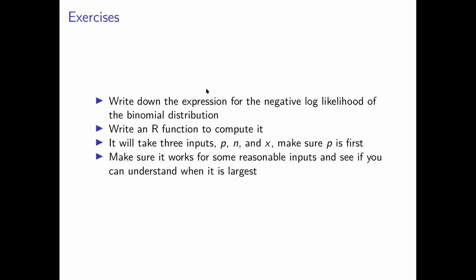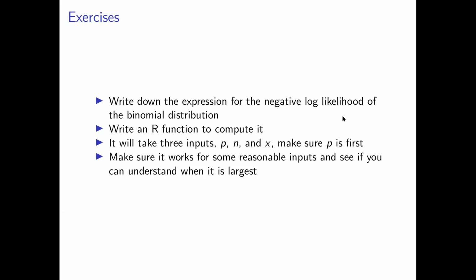For this exercise, you're going to do maximum likelihood estimation for the probability in a binomial distribution. You start by writing down the expression for the negative log likelihood of the binomial distribution, and then write an R function to compute that value.